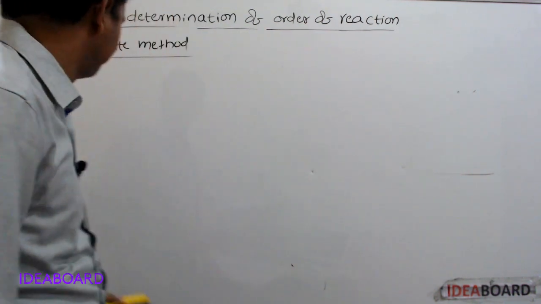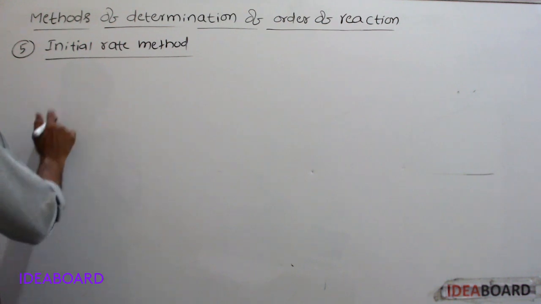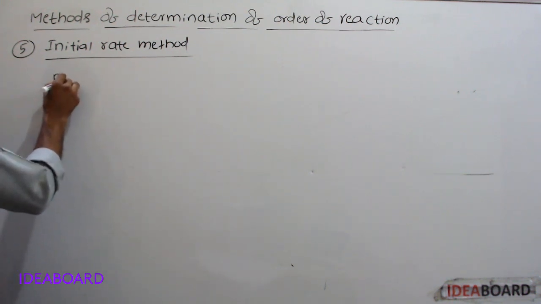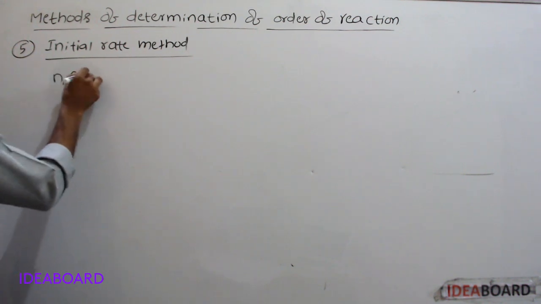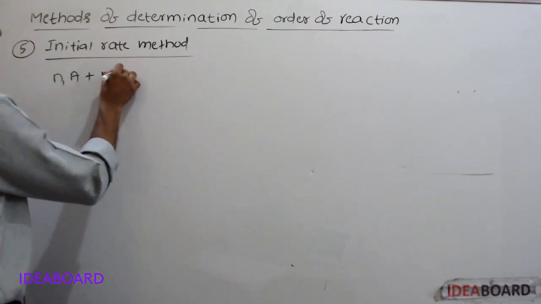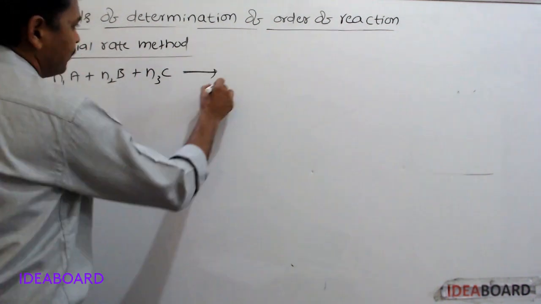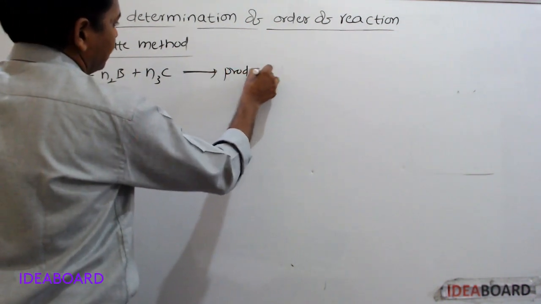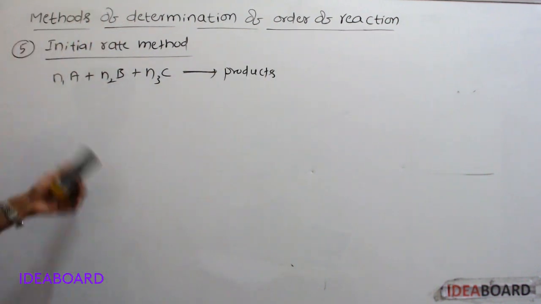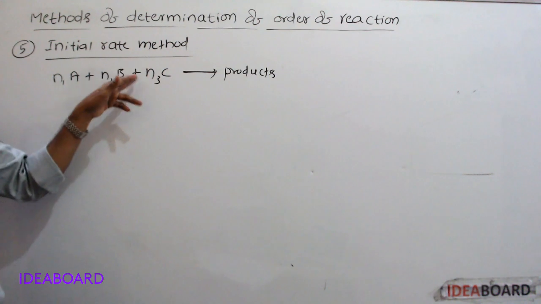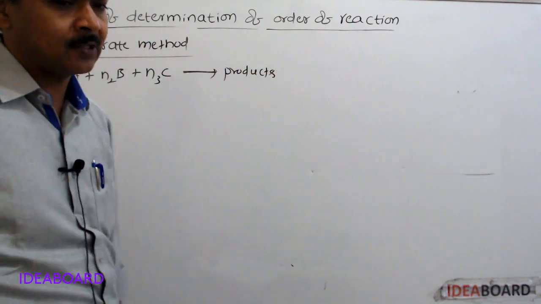In this method, I am taking one general reaction: N1 moles of A + N2 moles of B + N3 moles of C gives rise to products.